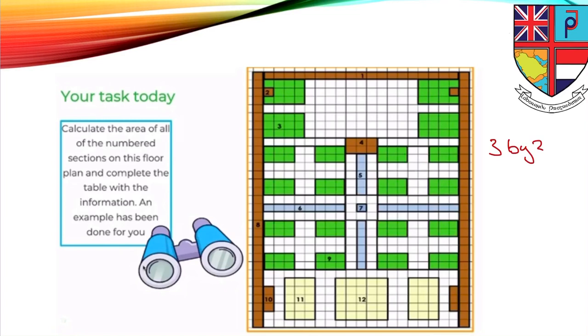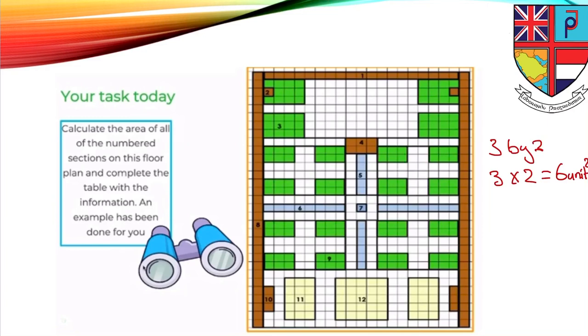So 3 by 2, or 3 times 2, gives us how much? Excellent. So 3 times 2 is 6. 6 what, I ask? 6 units squared. And that's as simple as that.